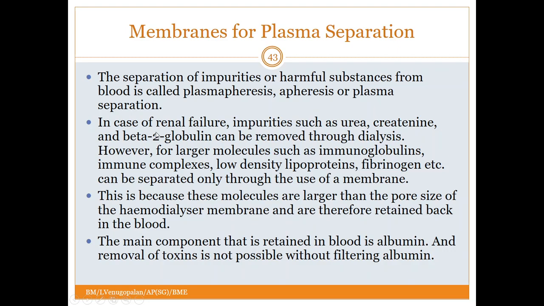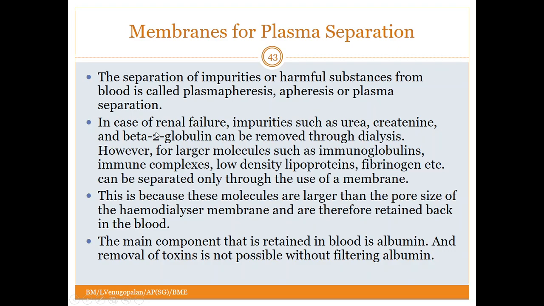So, in case of renal failure or someone with a chronic kidney disease, impurities such as urea, creatinine, and beta 2 globulin are quite high in the blood and should be removed from the blood. Now, normally the kidneys function as the filters for these materials and they remove them from the blood circulation.